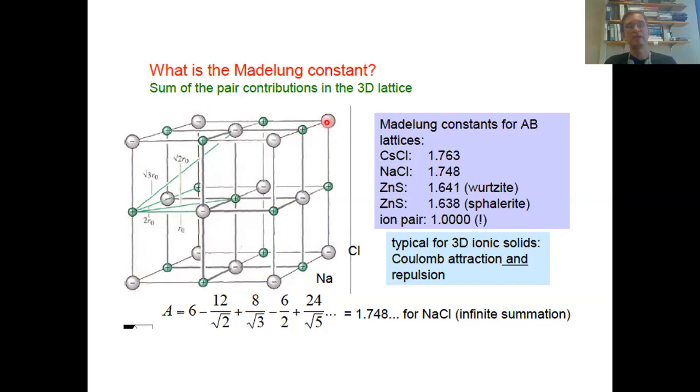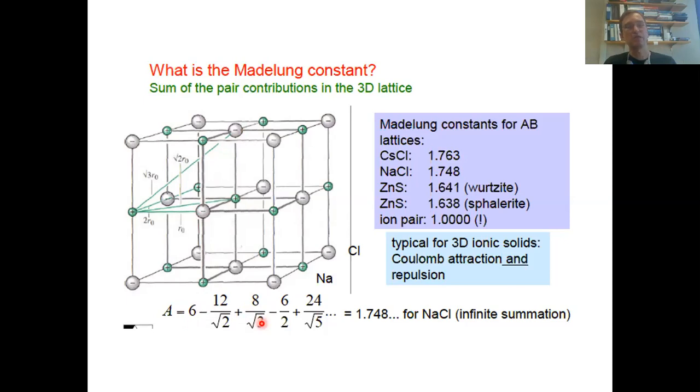But these 8 chloride ions now sit by a factor of the square root of 3 times farther away in comparison to those that sit on the face centers and which are our nearest neighbors. Therefore, now I have to divide this number 8 by the square root of 3. Okay. So now I can continue that.